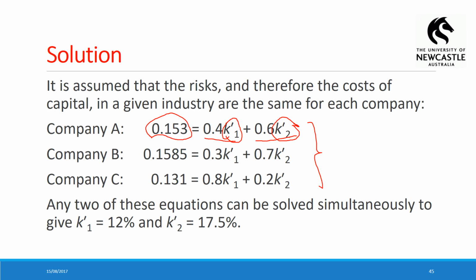So if we pick 2 out of these 3 equations, we can then work out the values of K1 and K2. So we work out that K1 is 12% and K2 is 17.5%, right?